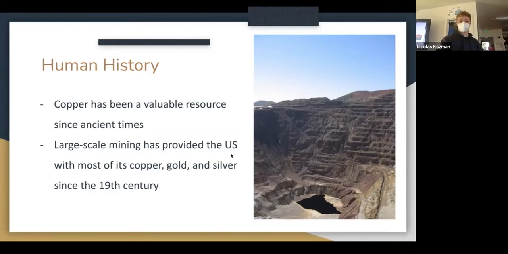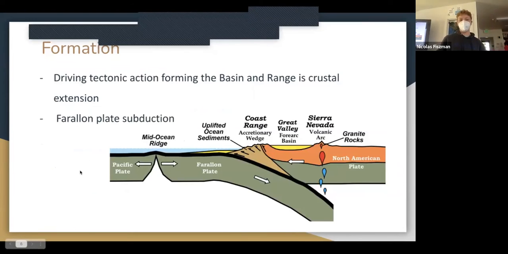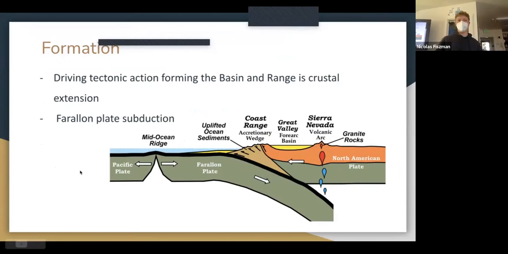So the formation of the region, the province, mostly revolves around tectonic action.